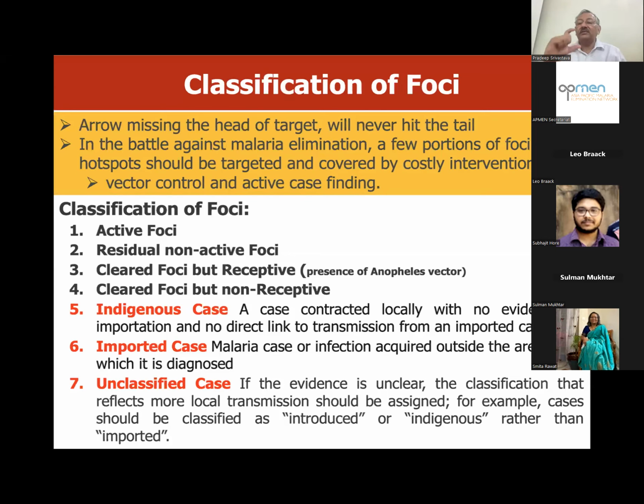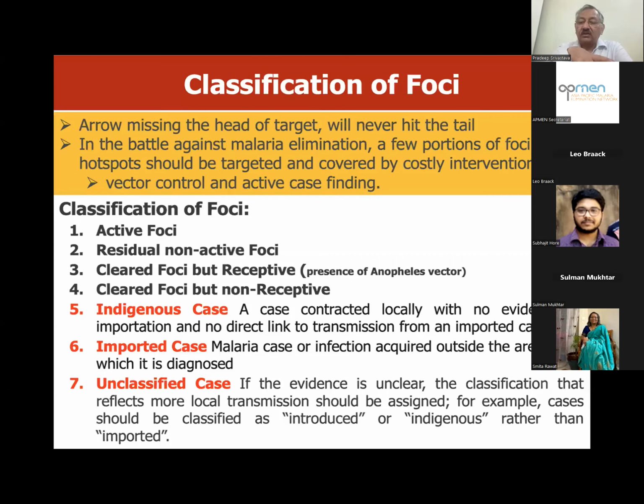There are different definitions for case classification and characterization, whether it is indigenous, imported, induced, introduced, relapse, recrudescence. Sometimes you are not able to collect the full information, and based on that information you are not able to classify, so you do it as an unclassified case, which is actually not given in many of the documents.